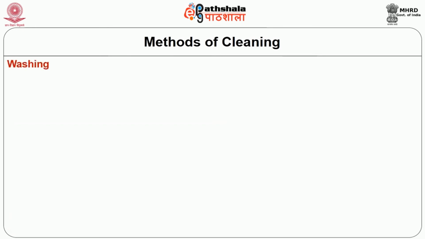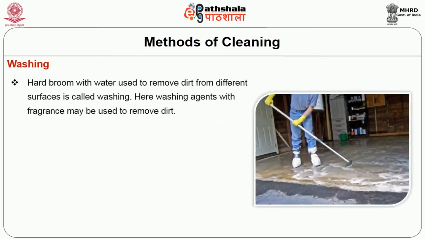Another simple method of cleaning is washing. A hard broom with water used to remove the dirt from different surfaces is called washing. Here, washing agents with fragrance can be used to clean the area.